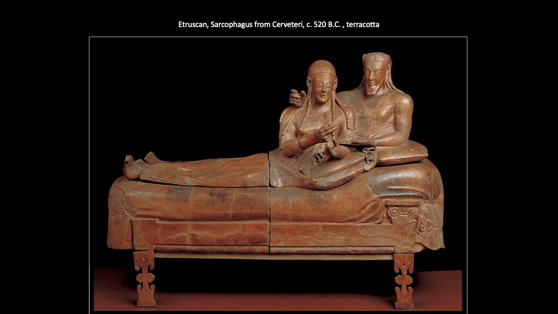So here, the sculptor's interpretation of these figures really speaks specifically about Etruscan culture. We have this couple that reclines on a couch, perhaps at a feast, and the sculptor has really paid special attention to the gestures of the figures. Both seem to be relaxed and happy, enjoying themselves.